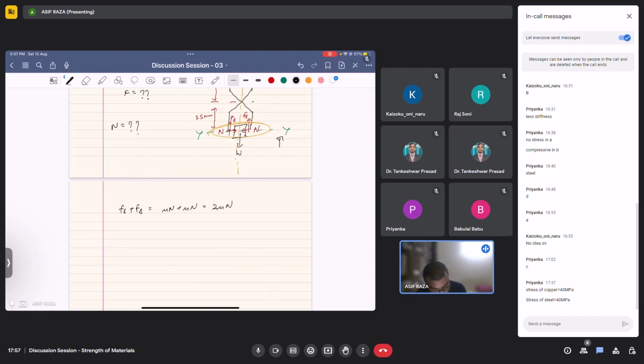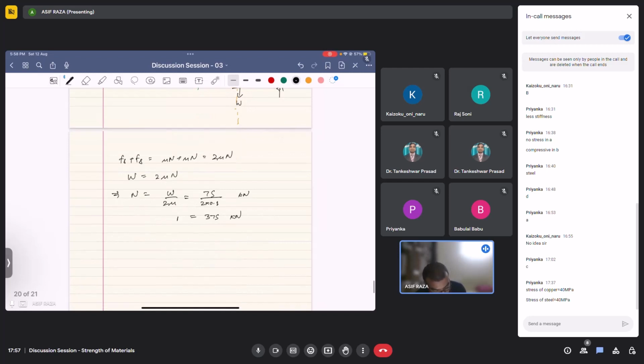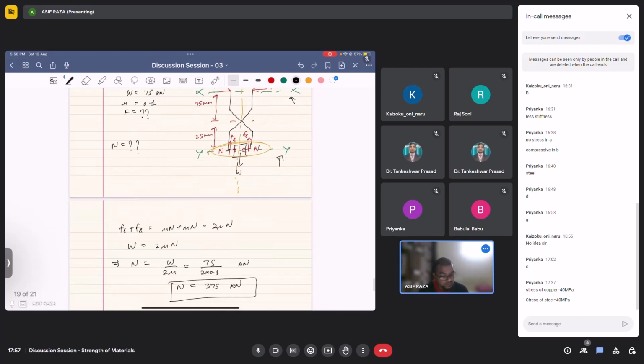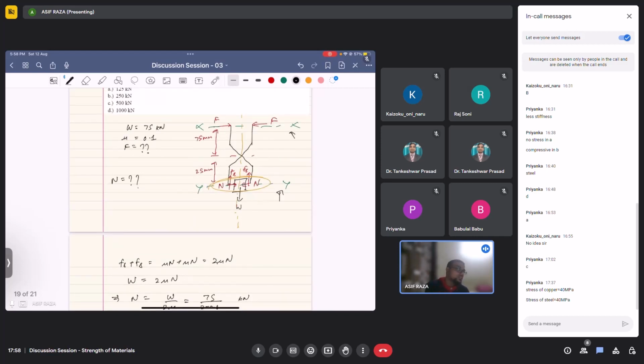This Fs plus Fs should resist the force W, so 2 mu n equals W, and n would be equal to W upon 2 mu, that is 75 by 2 into 0.1 kilonewton, that is 375 kilonewton. So normal is 375 kilonewton, and if I consider the symmetry of the system, I don't need to take the complete system, and I need to find F.